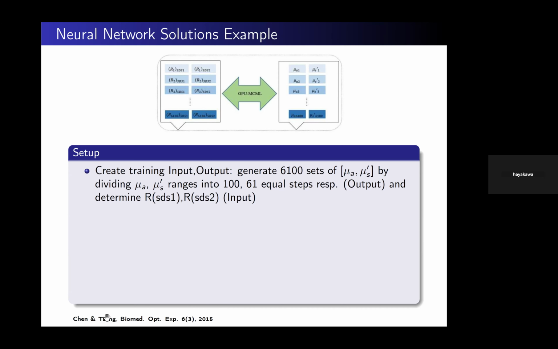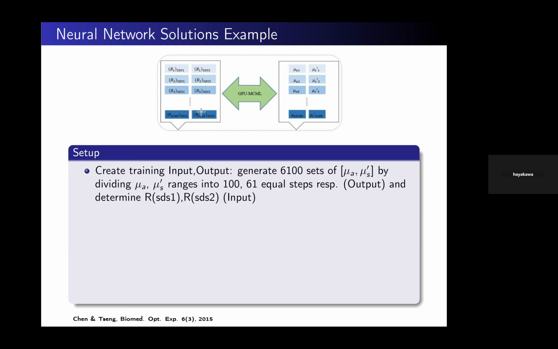It was performed in the lab of Shenghao Tseng, who used to be at BLI, which means that I had access to him and I was able to email and talk to him about what he really did that he didn't say in his paper. What he wanted to do is figure out how to determine mu A and mu S prime from two spatially resolved reflectance measurements.